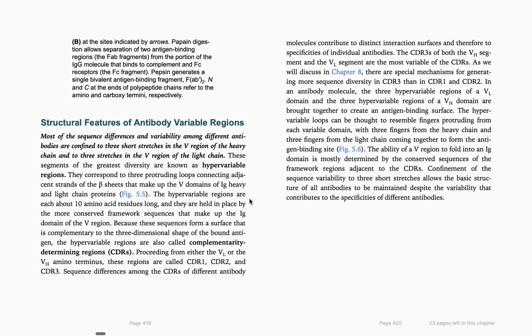The hypervariable regions are each about 10 amino acid residues long, and they are held in place by more conserved framework sequences that make up the Ig domain of the V region. Because these sequences form a surface that is complementary to the three-dimensional shape of the bound antigen, the hypervariable regions are also called the complementarity determining regions, CDRs.